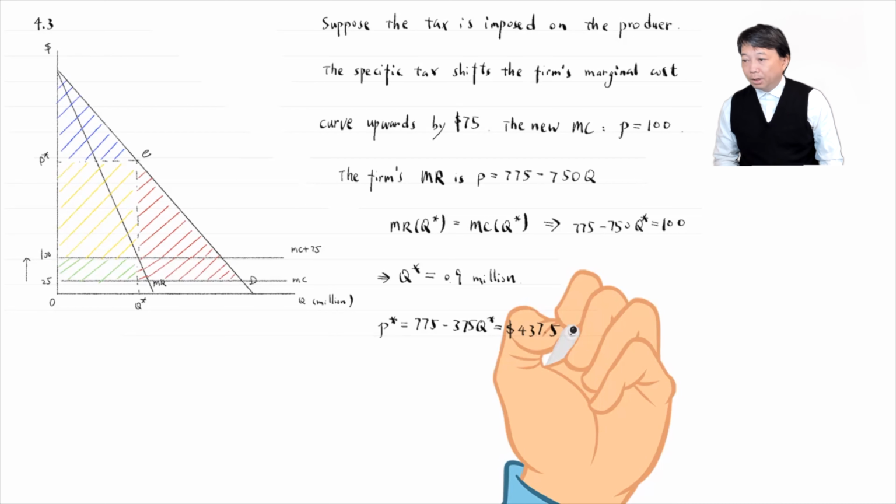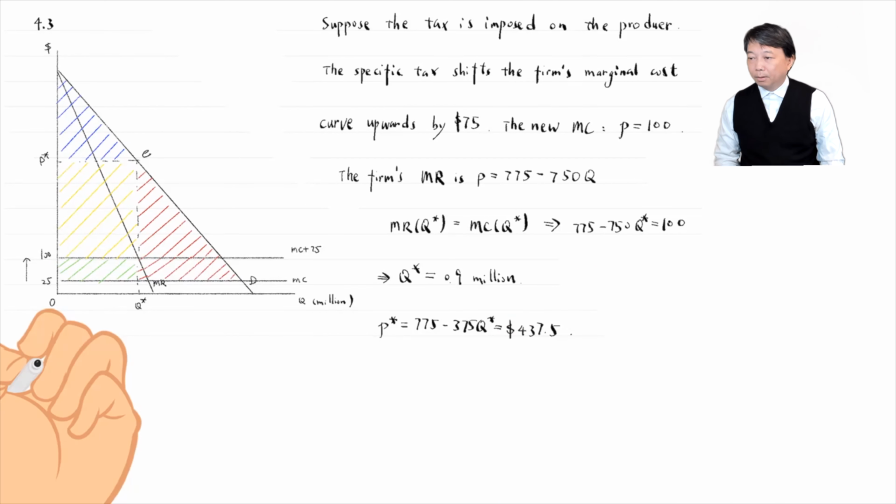Next, we consider the welfare change. The blue area is the consumer surplus. The yellow area is the producer surplus, and the green area is the tax revenue. The red area is the deadweight loss.